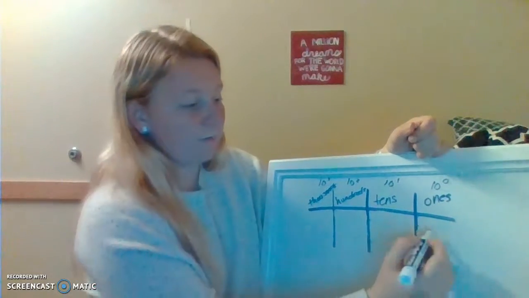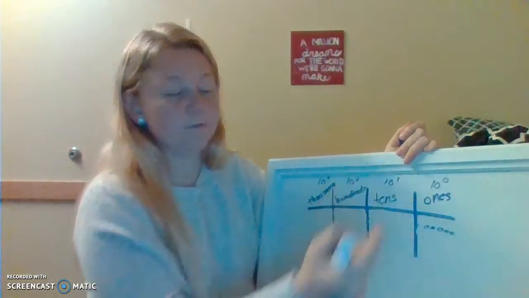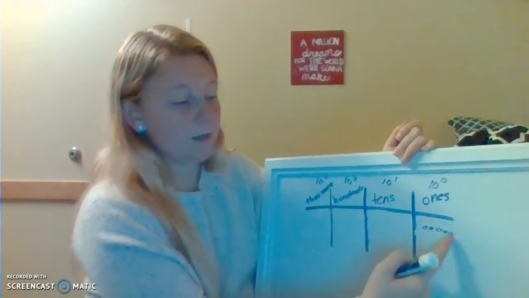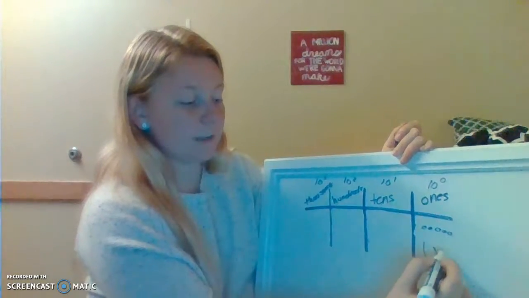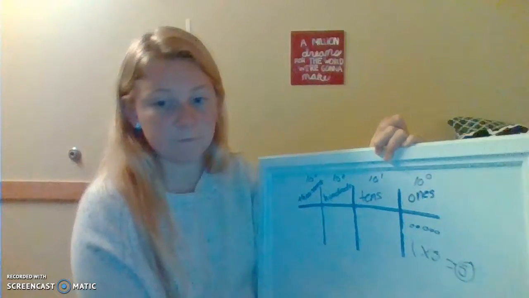So if we had 5 in our 1 spot, we would take 10 to the 0 power, which represents 1, and we take 1 times 5. So we just have 1 times 5, and that gives us 5. So we know that place value is worth 5.